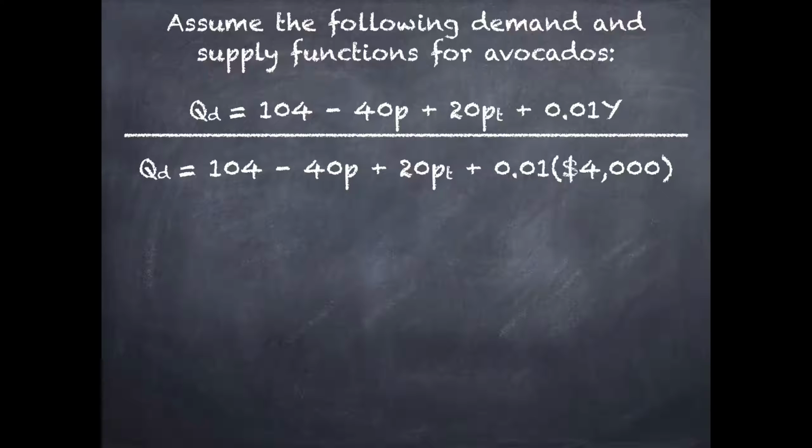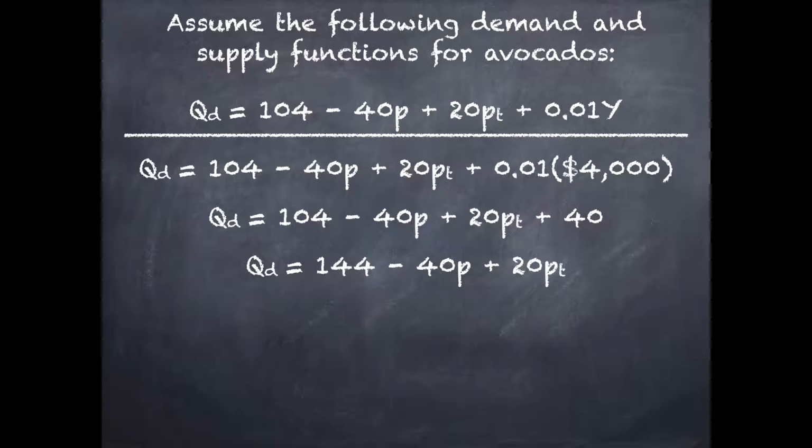So we have our demand function there. QD is equal to 104 minus 40p plus 20p sub t plus 0.01 y. And we are inserting that $4,000 income into there. That gives us QD is equal to 104 minus 40p plus 20p sub t plus 40.